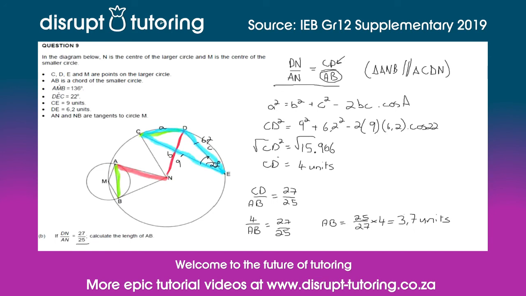And if you're confused how I got from this step to that step to find AB, I just did some algebra. So you times both sides by AB and then get this fraction on the other side of the equal, so that means you need to inverse it, and then times by 4.